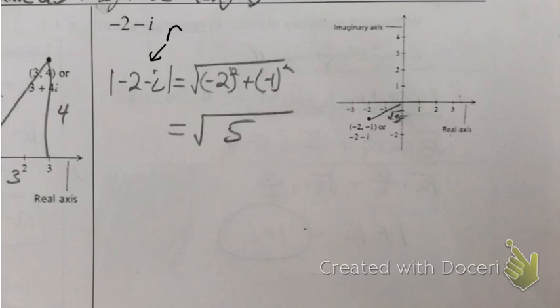Absolute value of this, magnitude of this, length of this, however you want to think of it, is the square root of 5, because it's the square root of a squared plus b squared. Does that make sense? If you're good on magnitudes, you should be good on this. If you weren't secure on your magnitudes, then this is probably tricky.